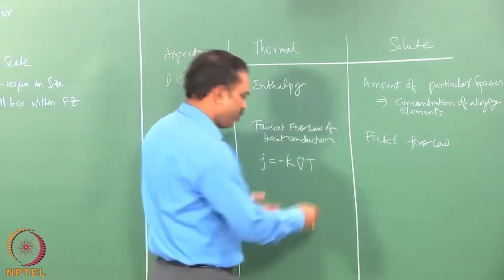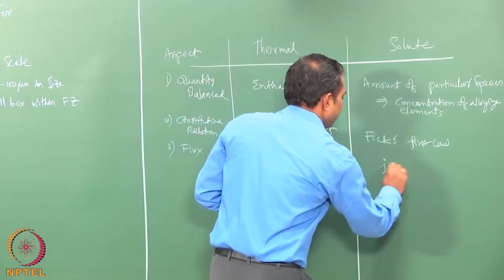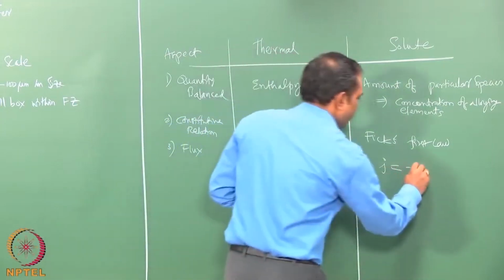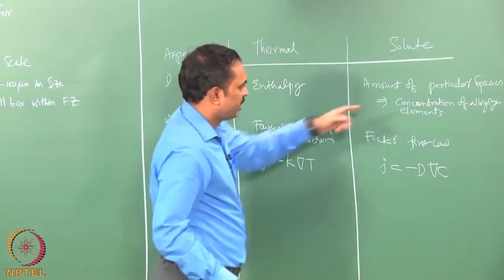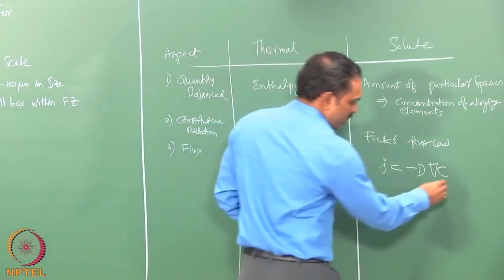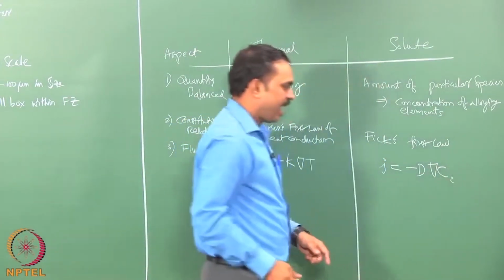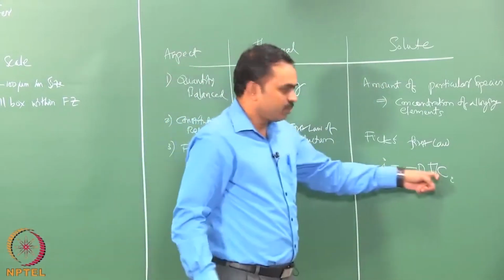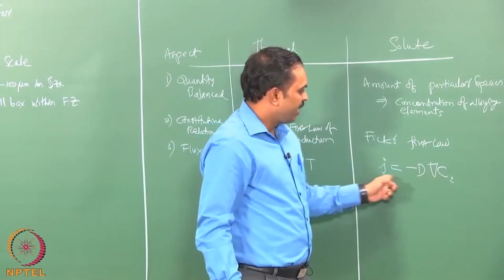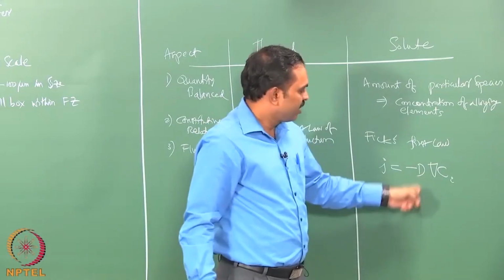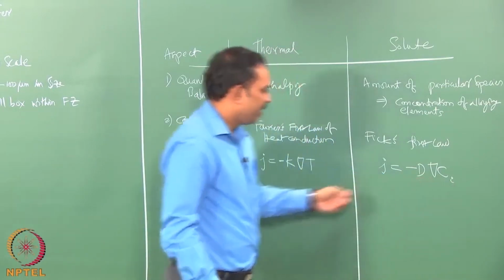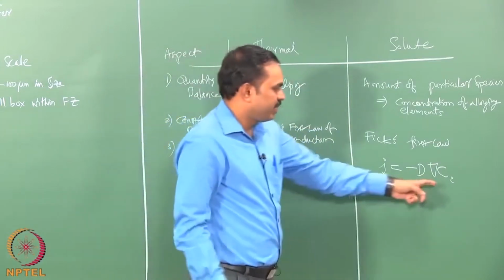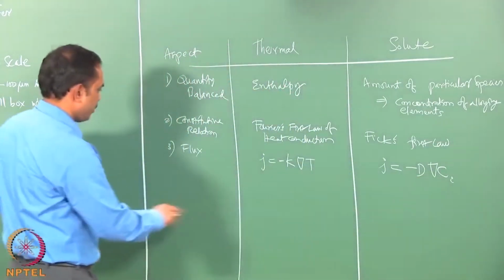In the case of solute you would write a similar expression: the mass flux is given by minus D into grad of C, where C is the composition of that particular alloying element we are talking about. You could actually put i to indicate for what species you are writing this equation, and you would have multiple values of D with respect to how many alloying elements are there, and for our analysis we will just take one element in the domain.